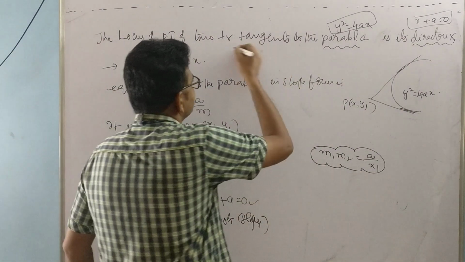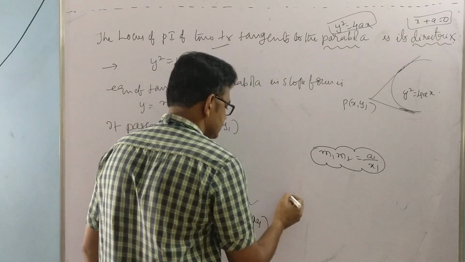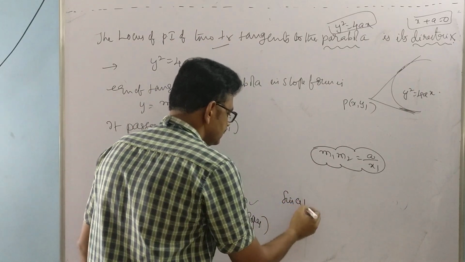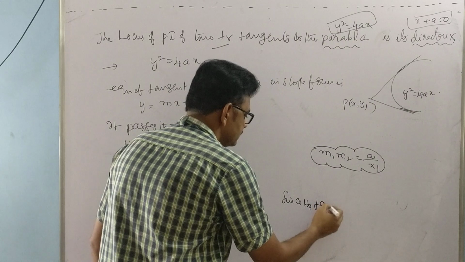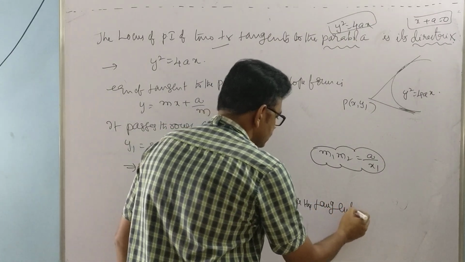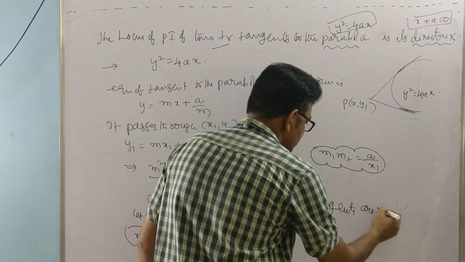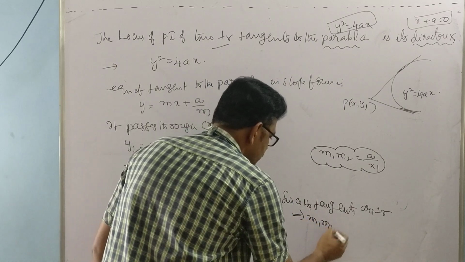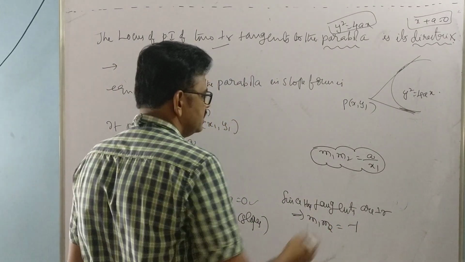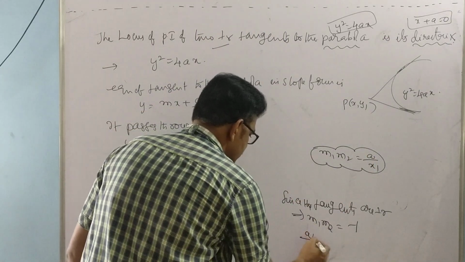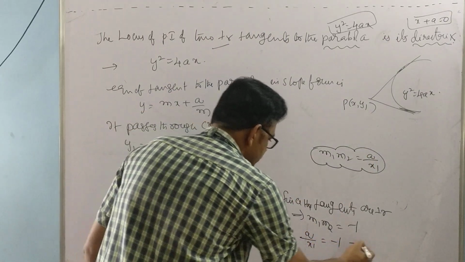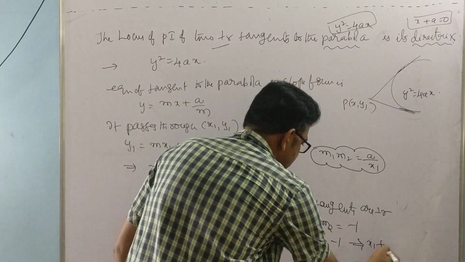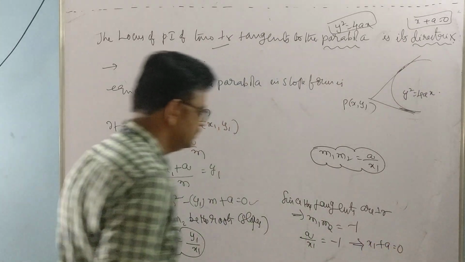Since the tangents are perpendicular, m1 m2 is equal to what? Minus 1. What is m1 m2? a/x1 = -1, which implies x1 + a = 0.